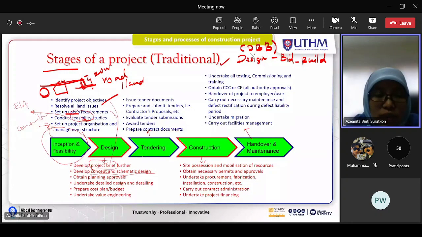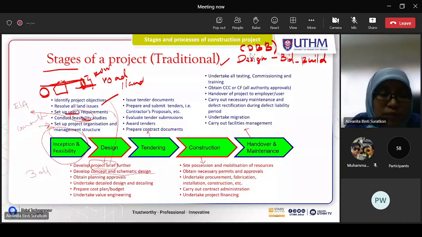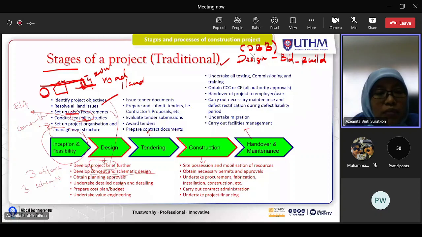Normally at this stage they will have maybe 3 alternatives, 3 schemes of design. For example, they have a proposal, design A, design B, design C.